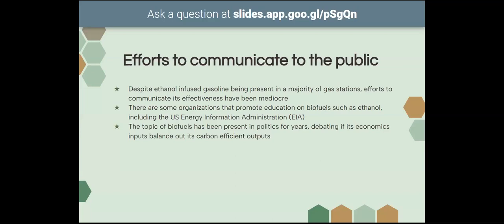But overall, most of the dialogue about it has been in politics, and that is just basically debating whether or not it is worth it economically to balance out the positive carbon efficient outputs.